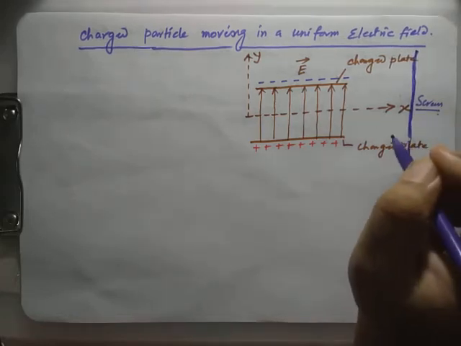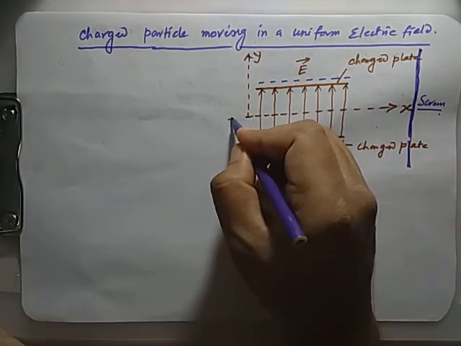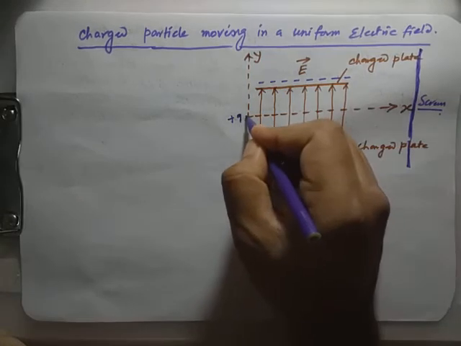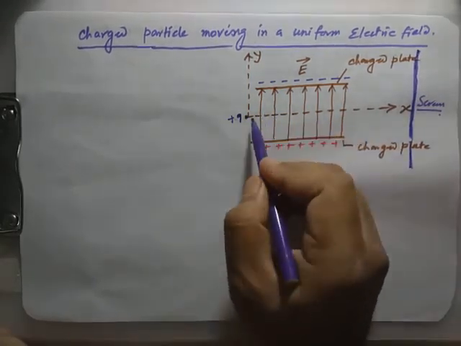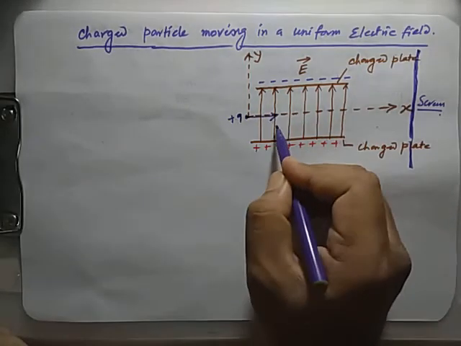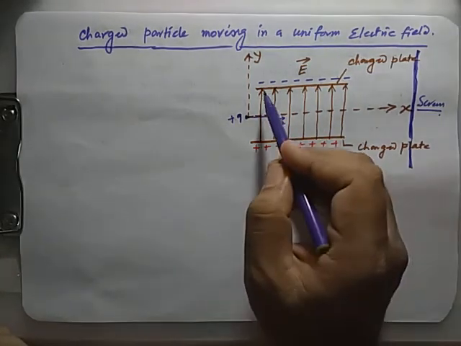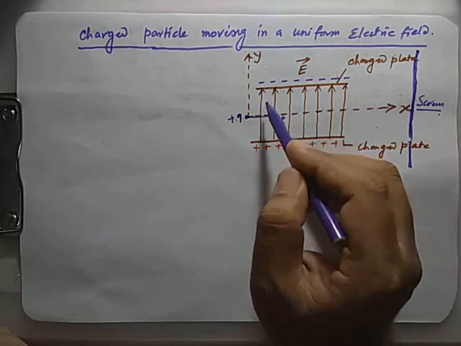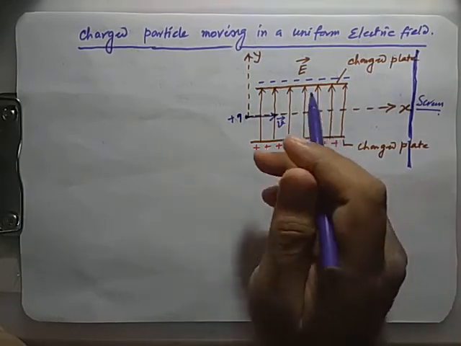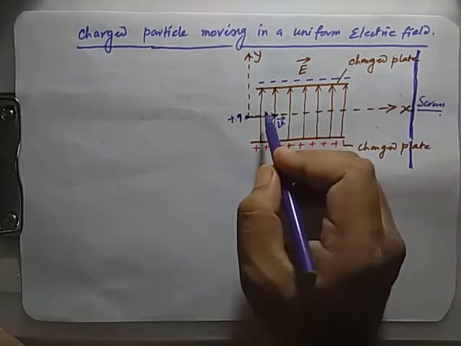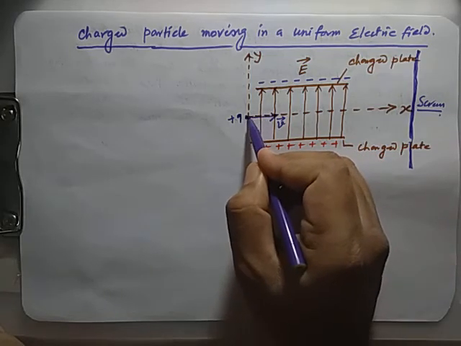Now what will happen? Suppose a charge plus Q is moving in this direction with velocity vector v. When the force starts to apply in this direction from plus to minus, the charged particle will start to bend in this way.